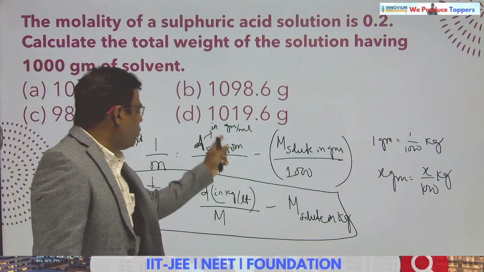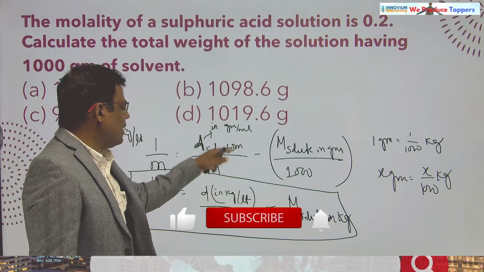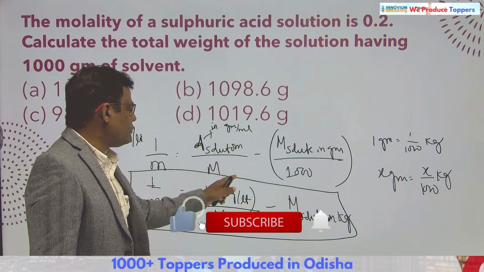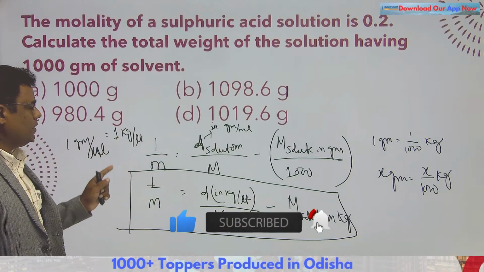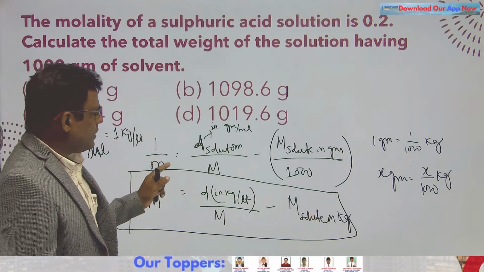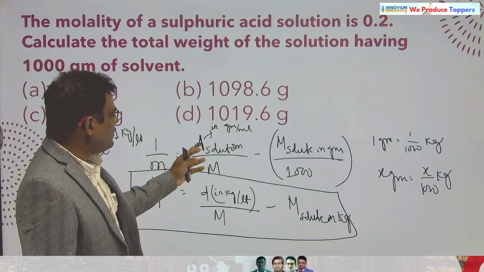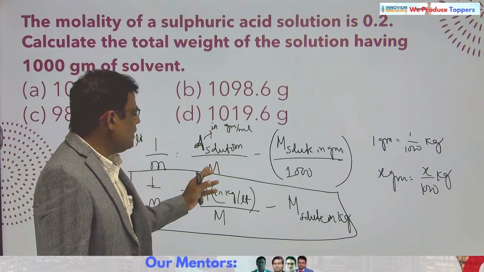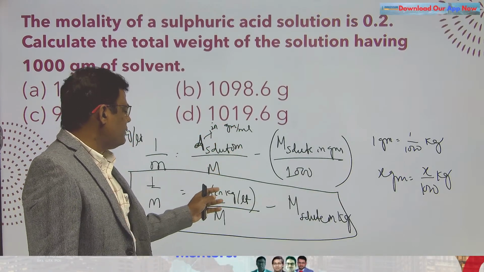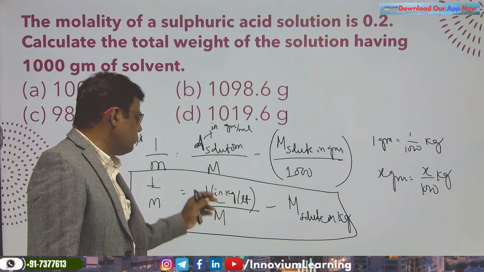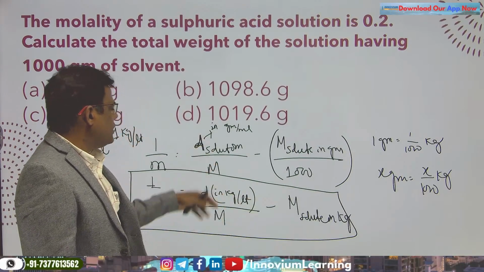That's why you will find no change with this part. If the density of solution is given in kg per liter, then you can also use this same expression here. Correct. No change.